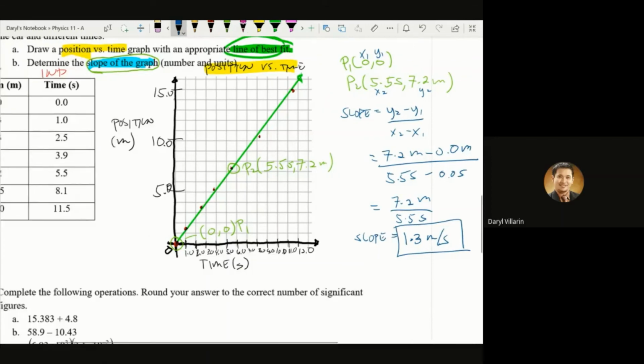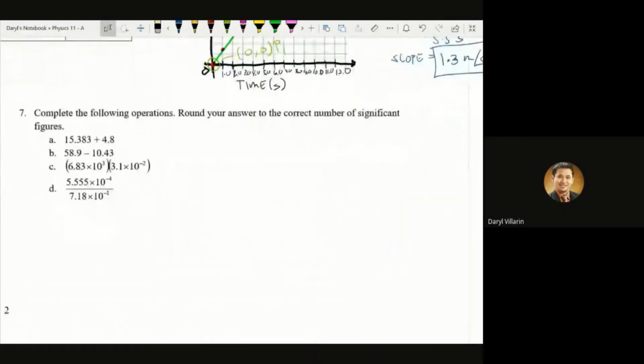And okay, for number 7, this is more of, if you can see, you need to employ the correct way of expressing your final answer in the correct number of significant digits. So for letter A, 15.383. And then this is addition.